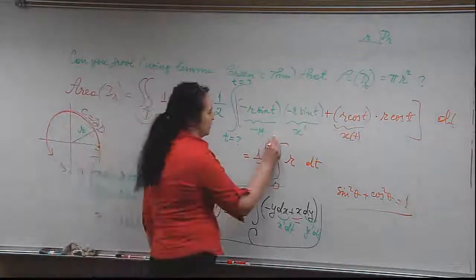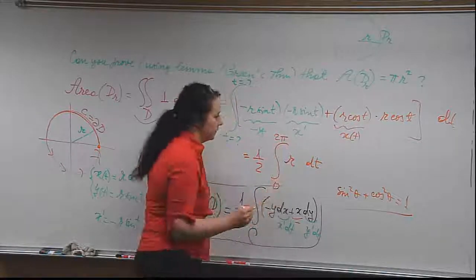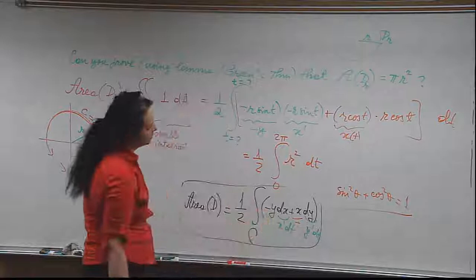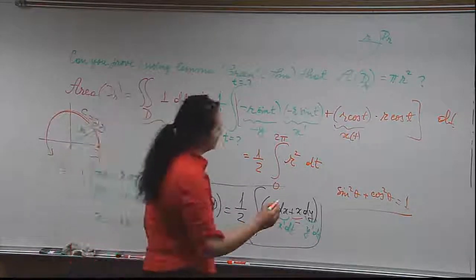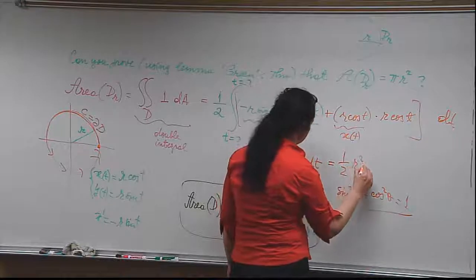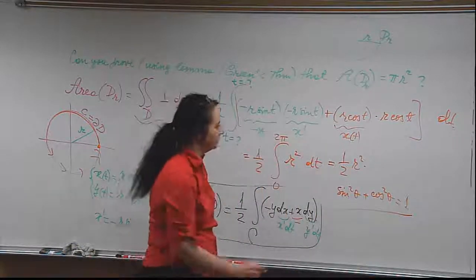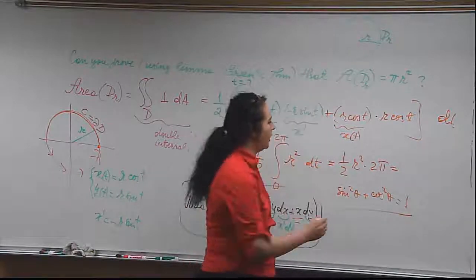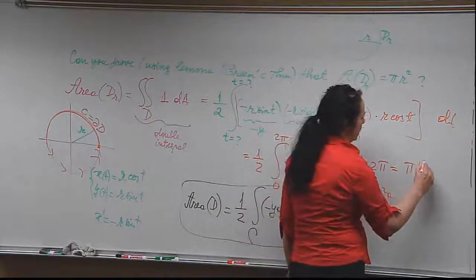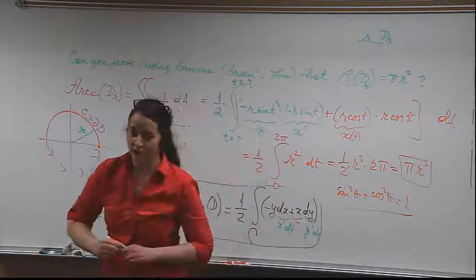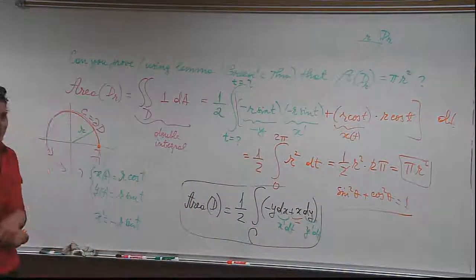Why is that not r squared? Should be r squared. I'm sorry, guys. I don't know what I understood for r squared. Good. 1/2 r squared times 2 pi. So we have pi r squared, and if you did not tell me it's r squared, we wouldn't have gotten the answer. That's good.